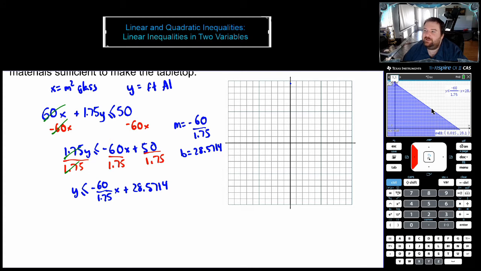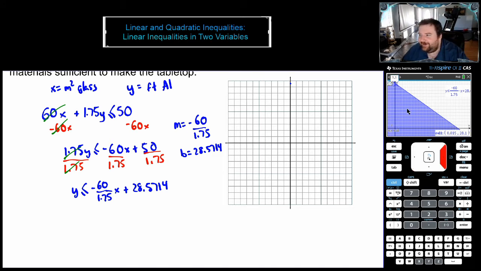So if I look at this point right there, the y-intercept, or our b value, how many meters squared of glass do we have? 0. Well, can you make a table without an actual glass tabletop? No, right? So that's that point. Although theoretically we can have 0 glass and 28.6 feet of aluminum, that's basically just aluminum sticks with no tabletop, so that doesn't work.